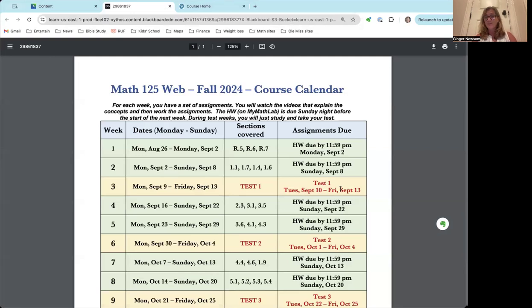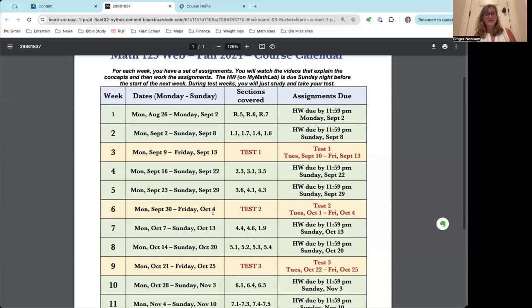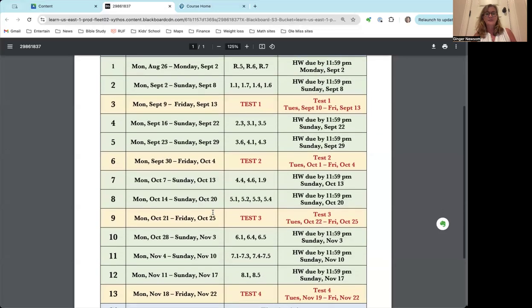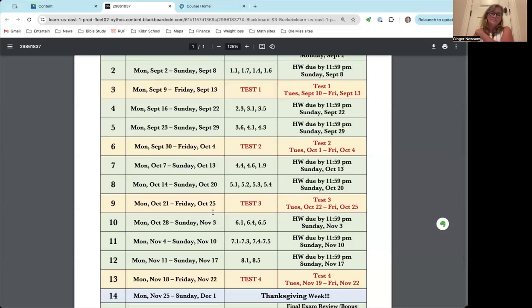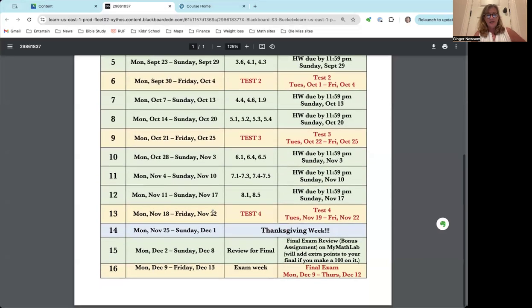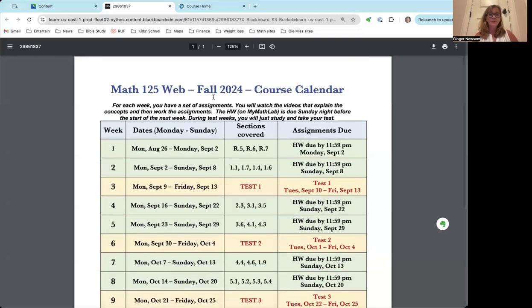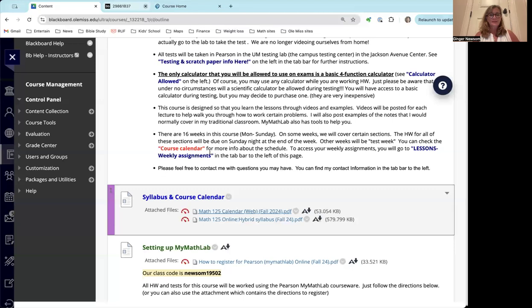So you'll just pick a time and schedule an appointment. There's more information on that. We divided the whole semester up into 16 weeks. That's your calendar.